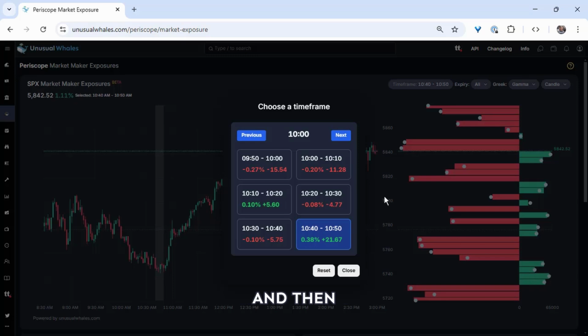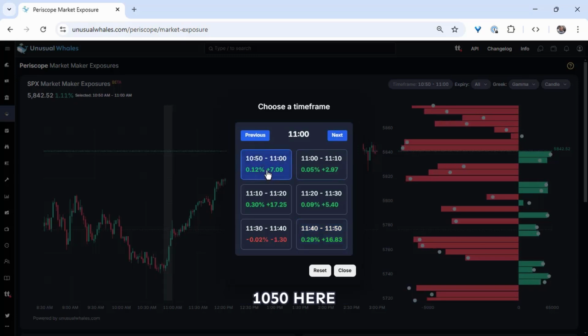And then around 10:50 here, during this time slice, we saw some news come out, and as price rallied, it got into this area of negative gamma exposure. And you can see that all of a sudden now market maker hedging activity was trading into the direction of price.